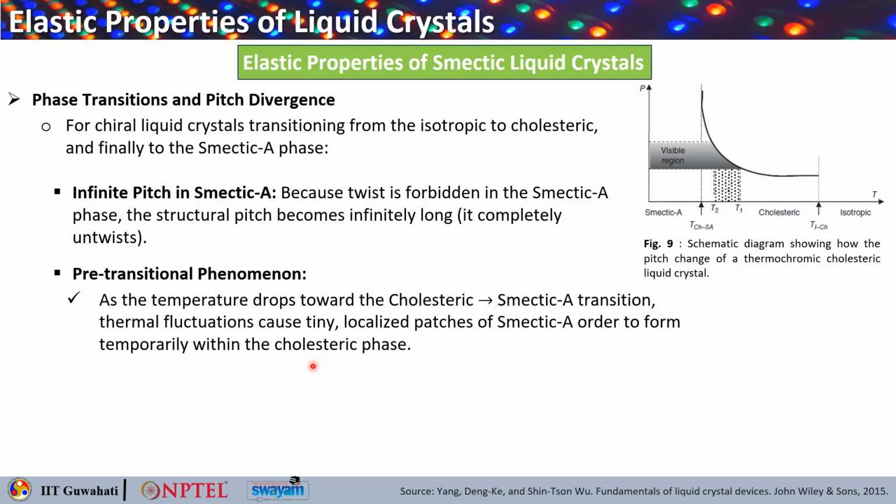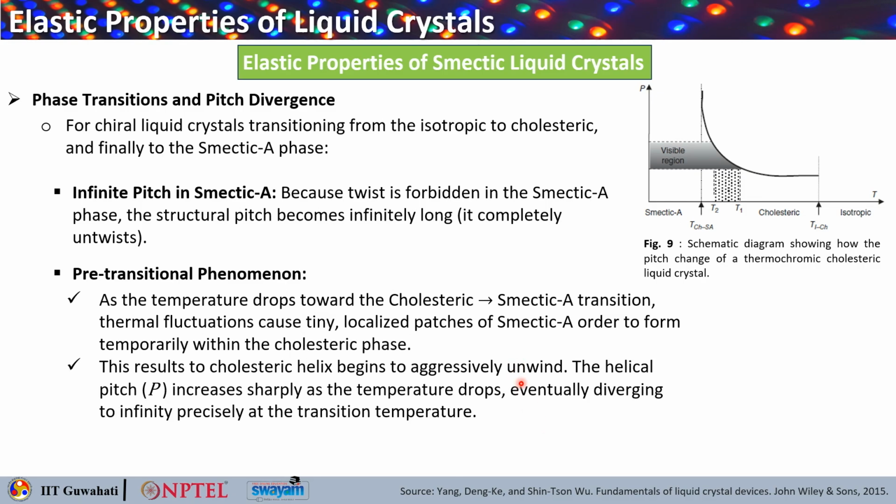As the temperature drops towards the cholesteric to smectic A transition, thermal fluctuations cause tiny localized patches of smectic A order to form temporarily within the cholesteric phase, and this results in the cholesteric helix beginning to aggressively unwind. The helical pitch increases sharply as the temperature drops, and eventually it diverges to infinity precisely at the transition temperature.